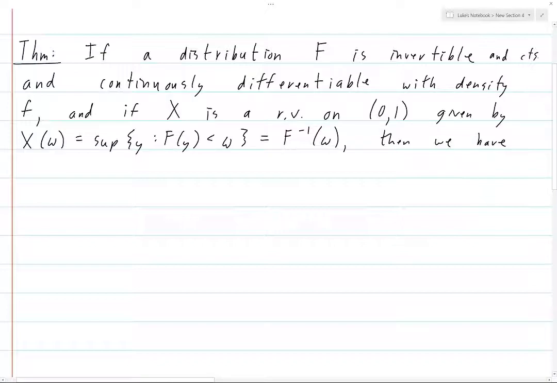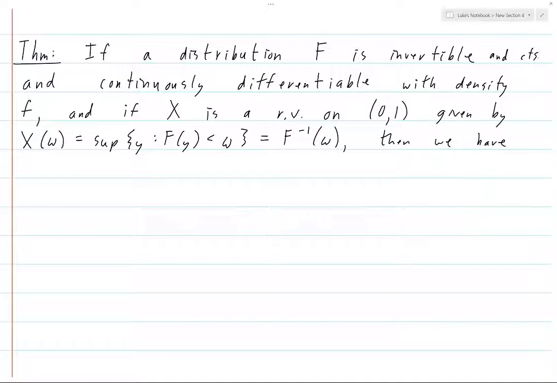So F is continuous, F is invertible, and the derivative of F exists and is continuous. By the definition of the density function lowercase f, the derivative of capital F is just lowercase f. And so all this is saying is that lowercase f needs to be continuous.